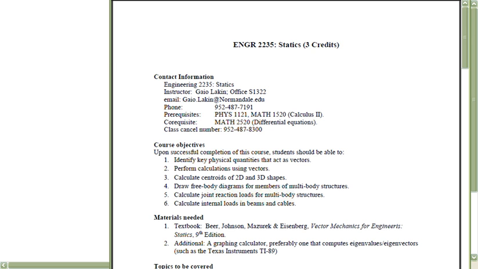Okay, so the things that we're going to try to do in this class are first, the physical quantities we're going to deal with are vector quantities, forces, and moments. I'm sure that it's been brought up in classes before, but problems are so much easier to write in 2 dimensions than in 3 dimensions that you tend to forget that moments are vectors, because in 2 dimensions, a moment always acts in the same direction, out of the page or into the page.